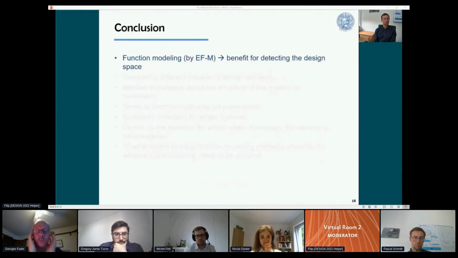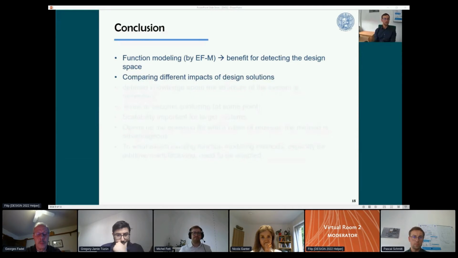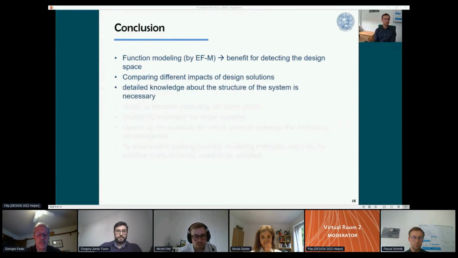For a conclusion, I would like to say that function modeling here by EFM can be beneficial for detecting the design space. It helps comparing different impacts of different design solutions. But for redesign at this level of abstraction, detailed knowledge about the structure of the system is necessary.